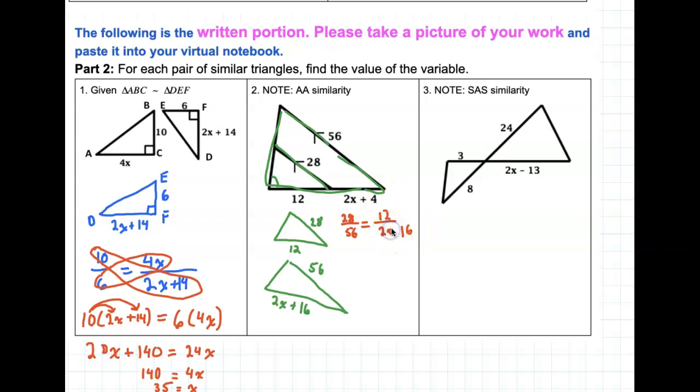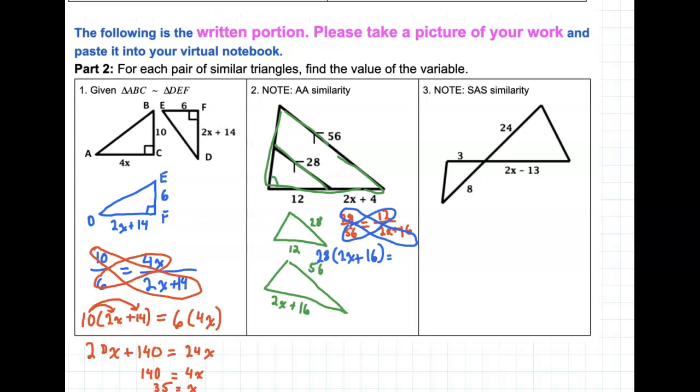My pen stopped working. 2x plus 16. Let's do a cross product here: 28 times 2x plus 16 equals, I'm going to spill into the other side, I don't really like that, so I moved that one.